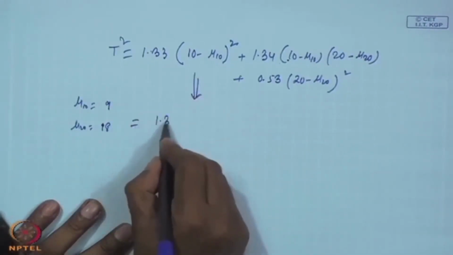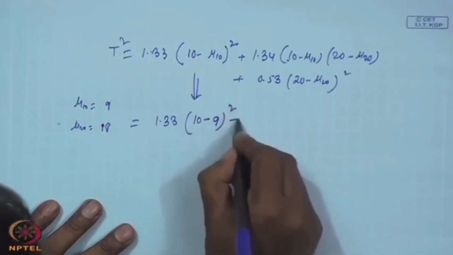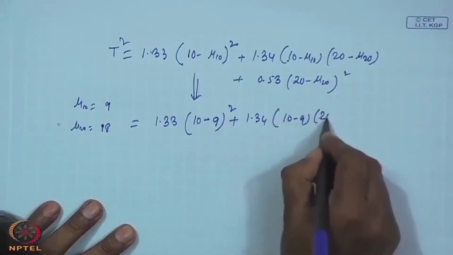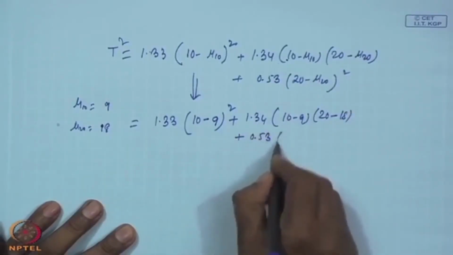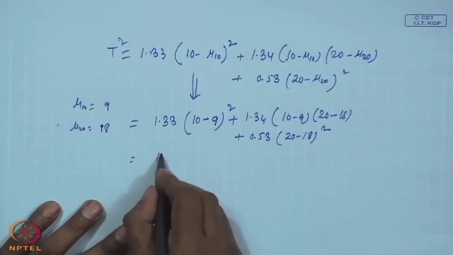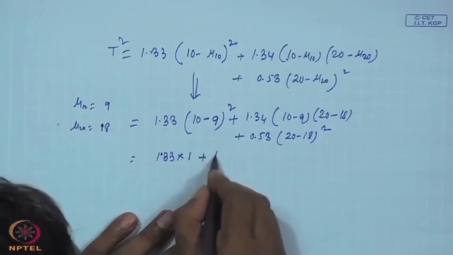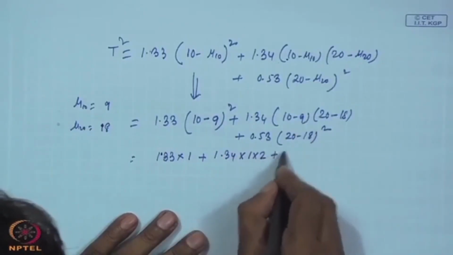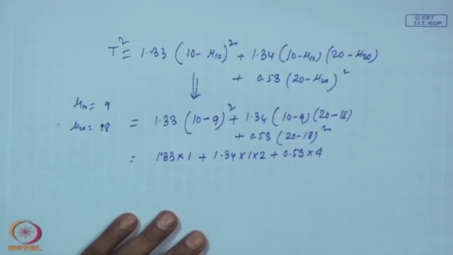Put into this equation: 1.33 (10 minus 9) square, plus 1.34 (10 minus 9)(20 minus 18), plus 0.53 (20 minus 18) square. You are getting 1.33 times 1 square, that is 1, plus 1.34 into 1 into 2, plus 0.53 into 2 square, that is 4.